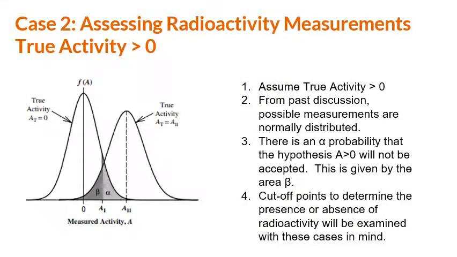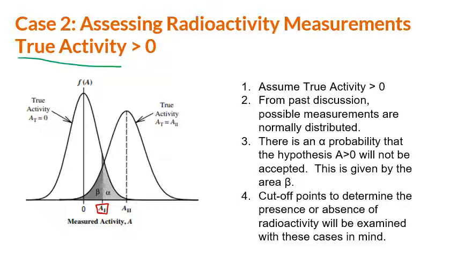Okay, let's now look at yung case na meron tayong true activity. So, if there is true activity greater than 0, again, may spread ulit tayo ng possible measurements. From this spread of possible measurements, meron tayong probability na yung measurement natin is below the initial threshold that we have set. Mas mababa sa A sub 1.